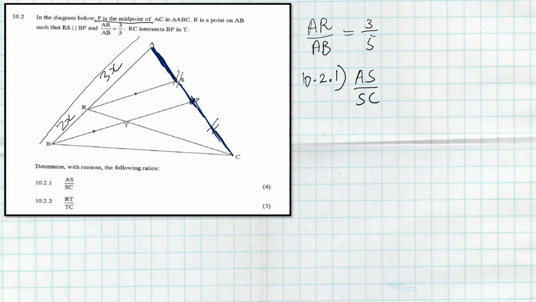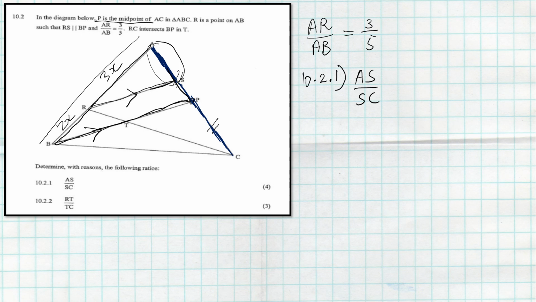Okay, so we can't get that ratio without knowing maybe what AS is, right? And what SC is, right? So let's check the triangle in which maybe we can use the proportionality theorem to calculate the ratios of those things. So take a look at this triangle here. There's a line that is drawn parallel to one side of a triangle, right?